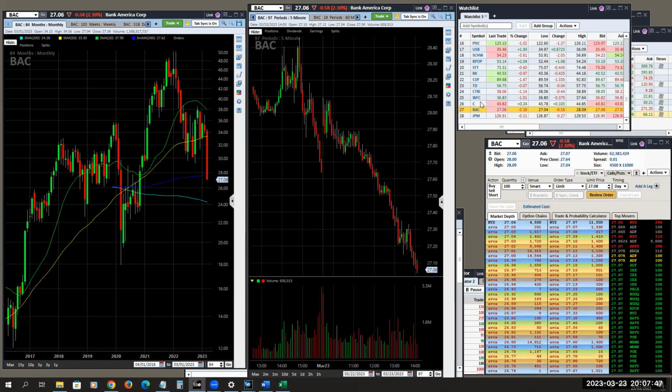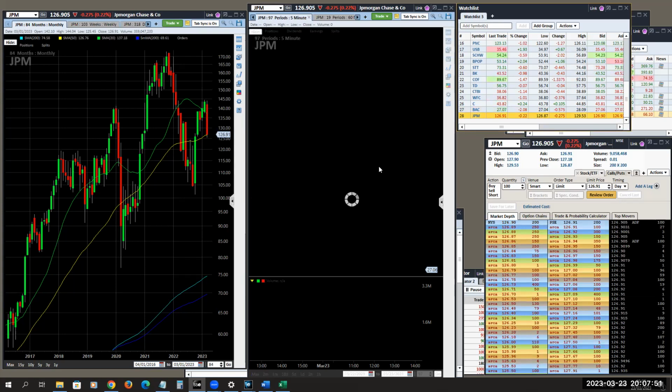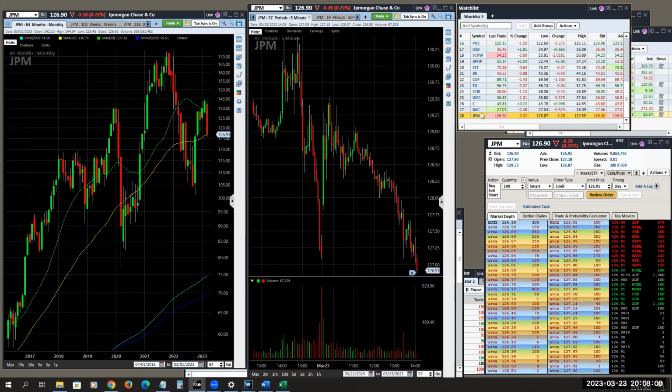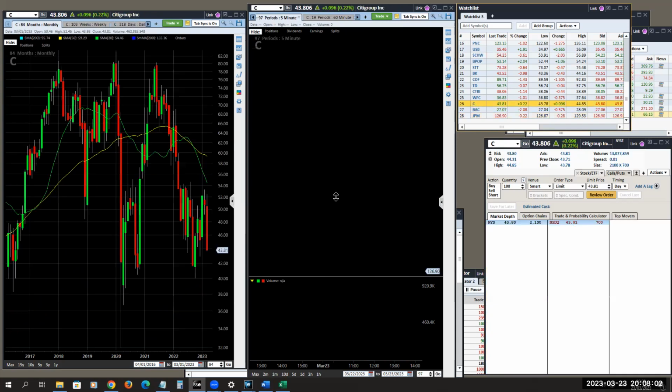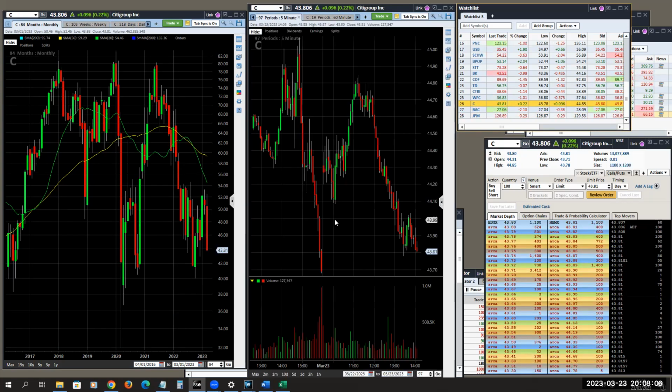I mean, this is unbelievable. You got to realize that the momentum on these banks is still down. We're going to see if they're giving people a head fake here or not, but JP Morgan is at the low for the day. Citibank wasn't at the low of the day, but it seems to me like it's at the low of the day now, right? Almost. Yeah, low of the day.